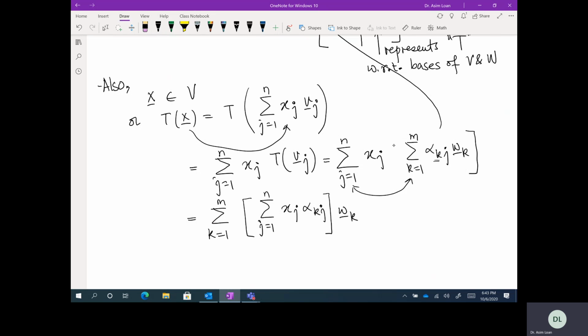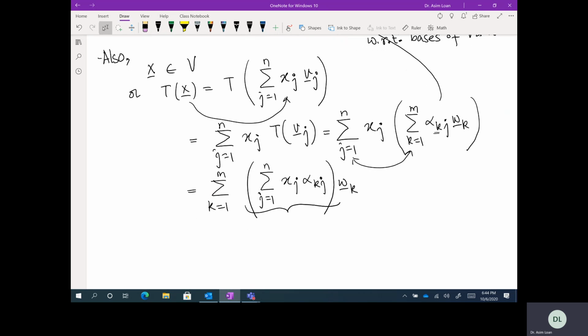Actually, don't use the square bracket, it doesn't make sense. You need to use parentheses here and here too. So these are the weights. These are the bases. These are the weights that represent Tx in the new basis.